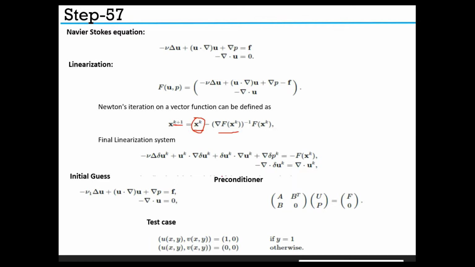Here u_k and p_k are the solution from the previous iteration.